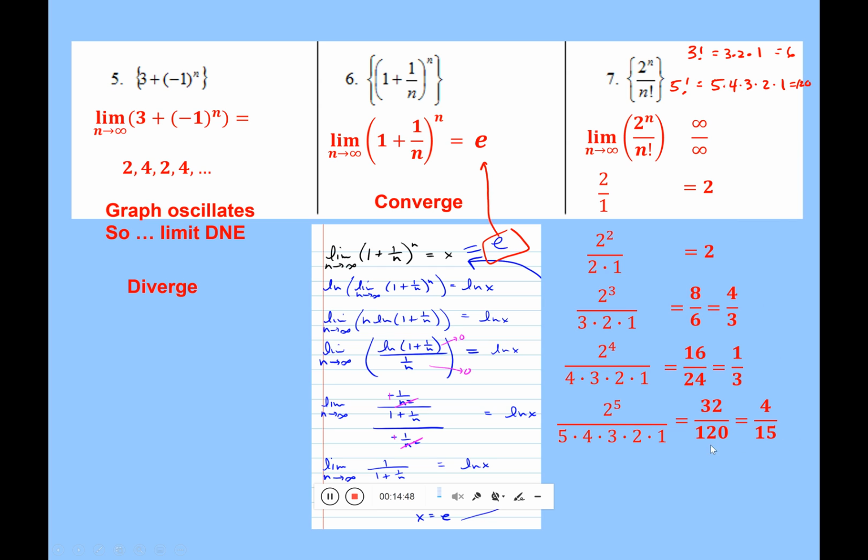And do you see that the denominator is basically getting larger faster than the numerator? The numerator is increasing and the denominator is increasing, but isn't the denominator increasing a lot faster than the numerator, which means these terms are essentially going to 0? Okay, so if the limit equals 0, then that means it must have converged.